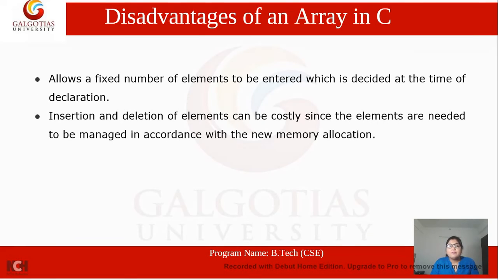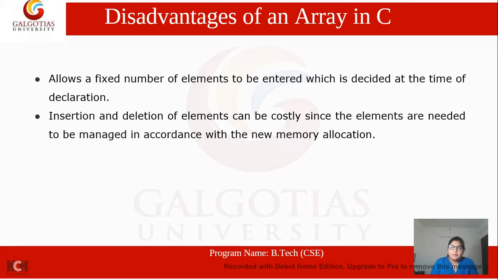So the first and very basic disadvantage of array is that it allows a fixed number of elements to be entered, which is decided at the time of declaration in C. As you know, in the previous lecture I introduced that the size and data type of array cannot be changed once declared.